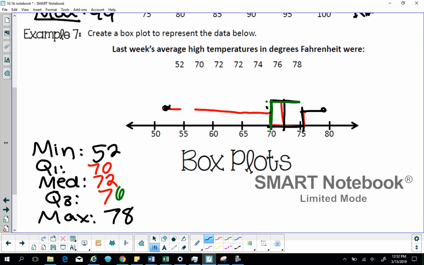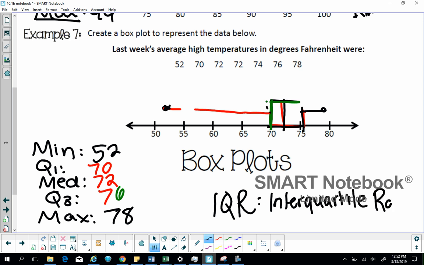Last thing we need to learn, this is it. The last thing is IQR. That's interquartile range. Write that down. You're given this formula on your formula sheet. If you look on your formula sheet, if anyone has theirs, you can see it says interquartile range.